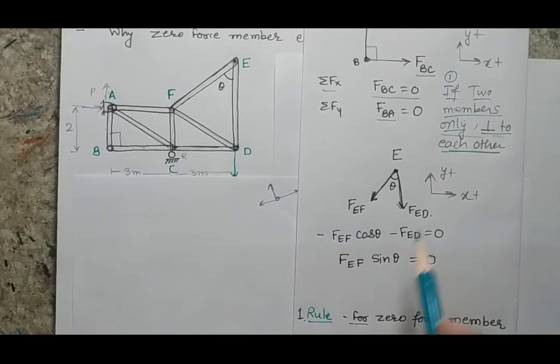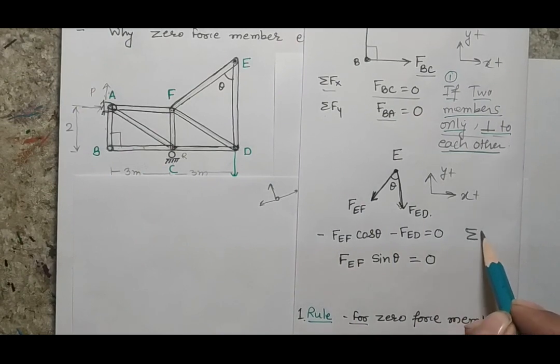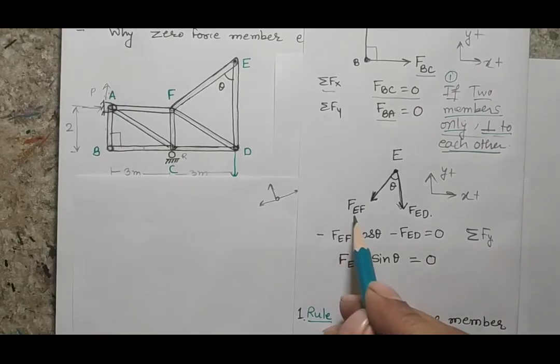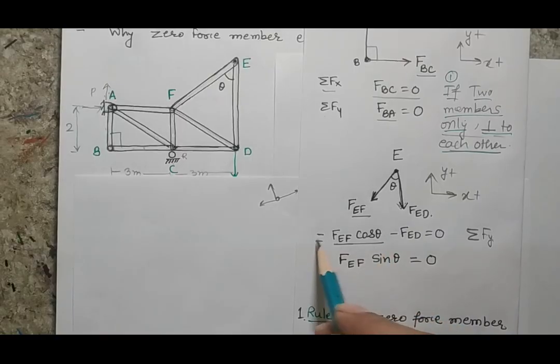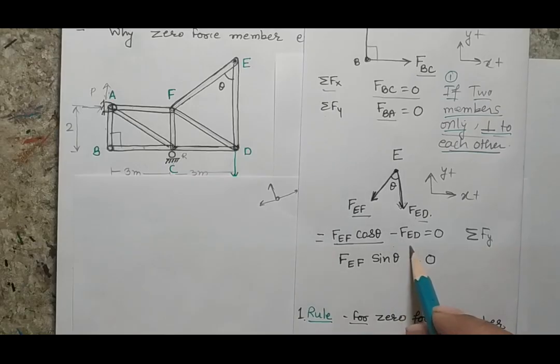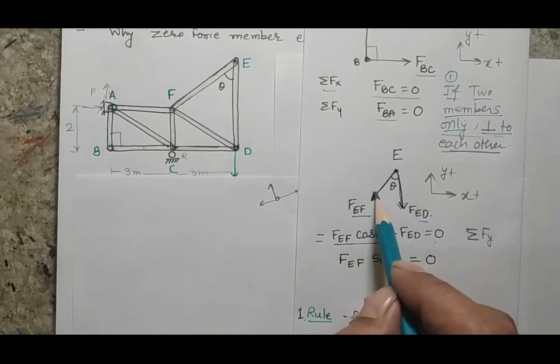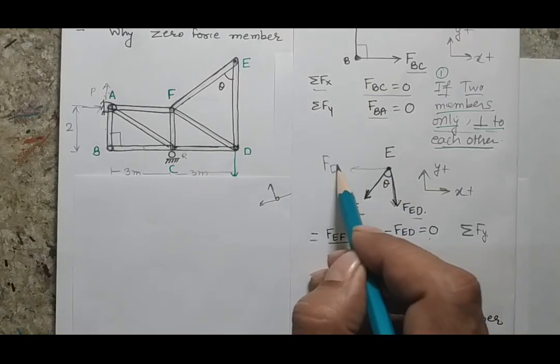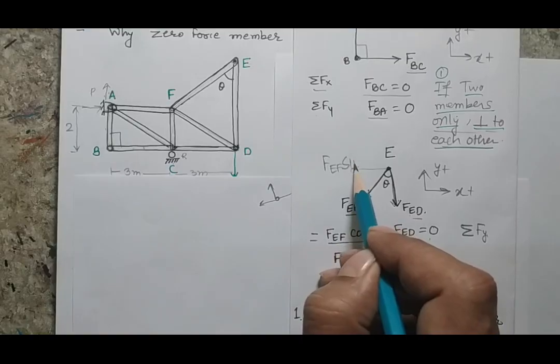When I write the vertical force balance, I know that both the forces are going in the downward direction. So EF cos theta with a negative sign, then FED again in a downward direction, so minus FED will be 0. When I write the horizontal force balance, I know that there is only one force horizontally, which will be the component EF sine theta.